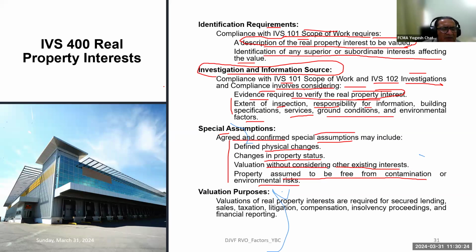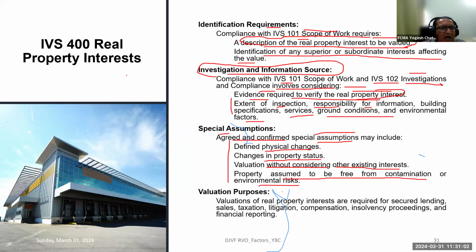If I give one example, suppose there is a building, a very big commercial complex, that is under construction and is expected to be completed very soon. In that case the client may inform the valuer, although this building is under construction, you will treat it as fully constructed for the purpose of valuation, because we are going to complete construction in the very near future.